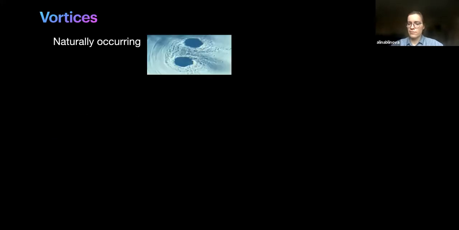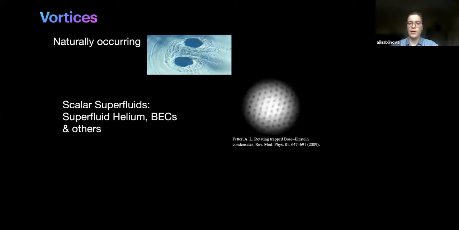So a brief introduction to vortices. I think they hardly need an introduction. First of all, they're a naturally occurring phenomenon which we're all familiar with, such as in water. And then in the superfluid context, in scalar superfluids, we're all familiar with vortices in superfluid helium, as well as Bose-Einstein condensates, as well as other systems.